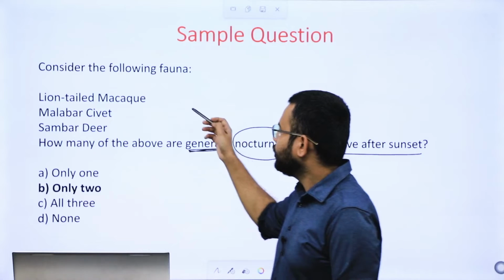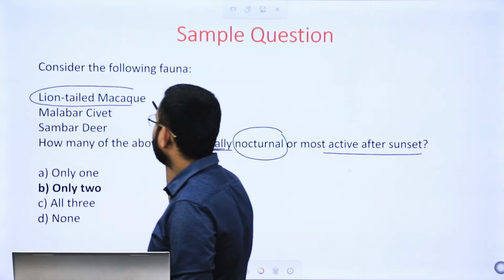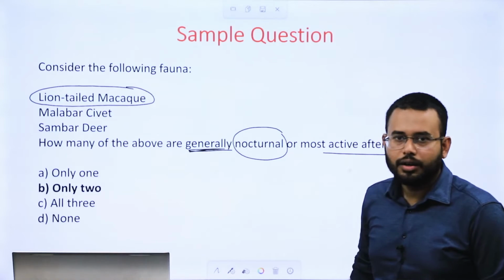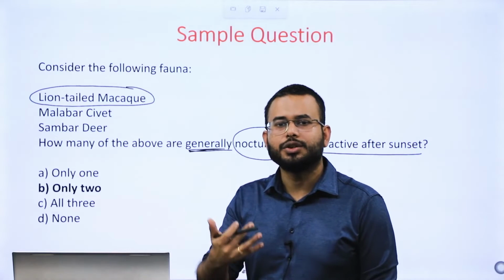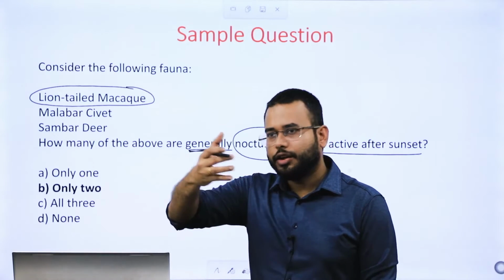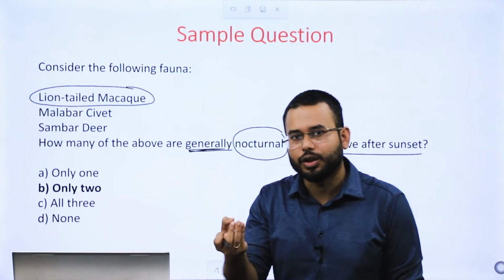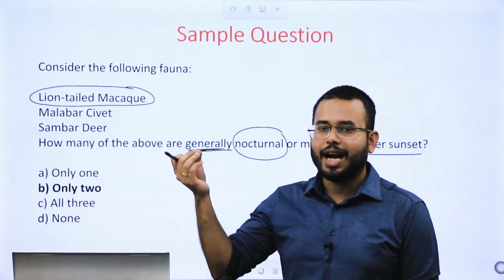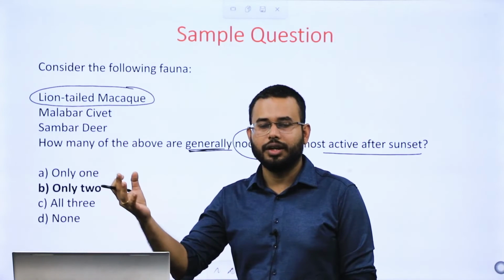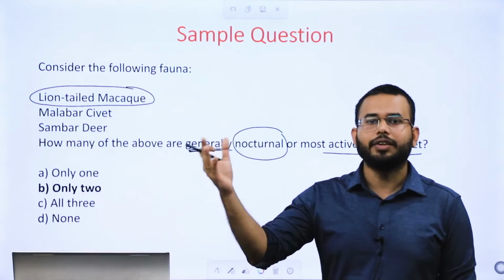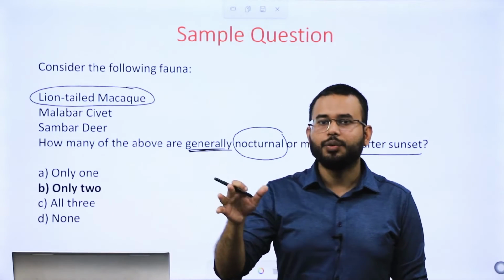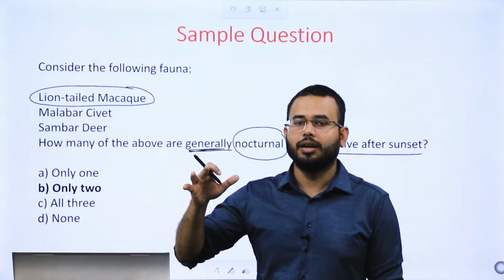So here you must know whether lion-tailed macaque is nocturnal or not. Then lion-tailed macaque is a species of apes, right? So in your surroundings also, you must apply your common sense and understanding. So you see that the monkeys which you see in your nearby areas, they are most active in the daytime, right? In the night, you don't encounter monkeys being active.